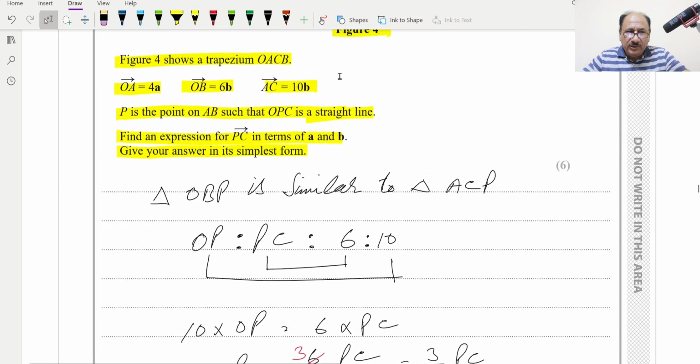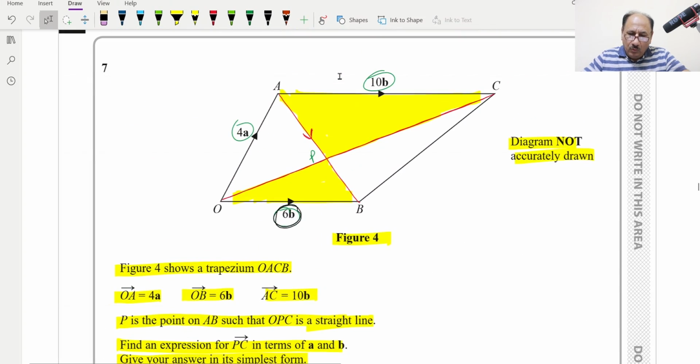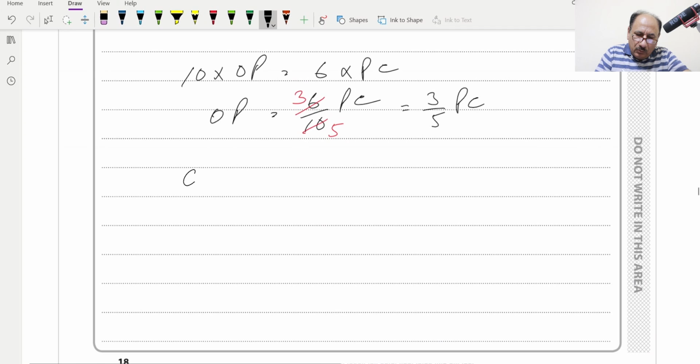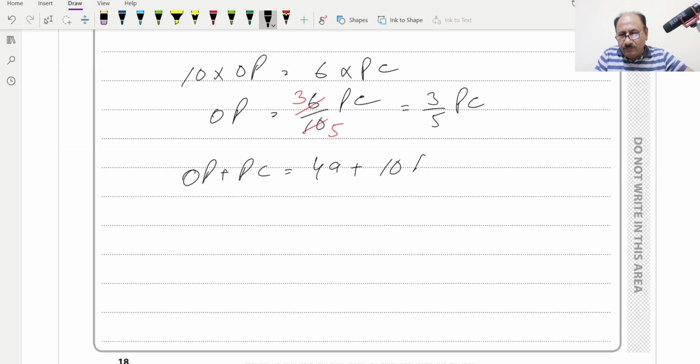Now OP plus PC is what? We can go through these routes, 4a plus 10b. So we write OP plus PC is equal to 4a plus 10b.